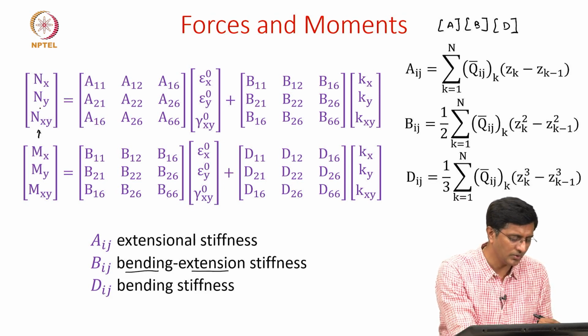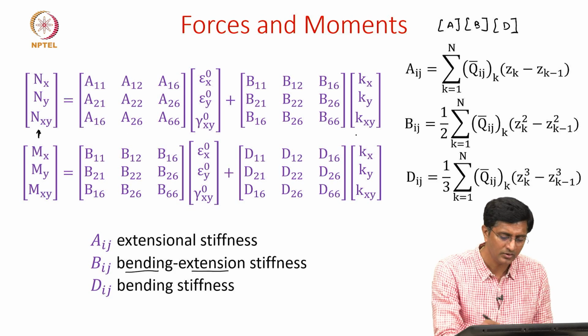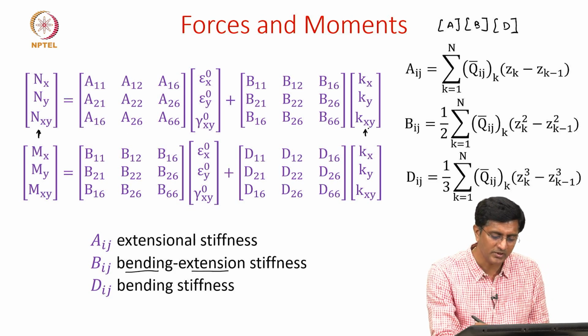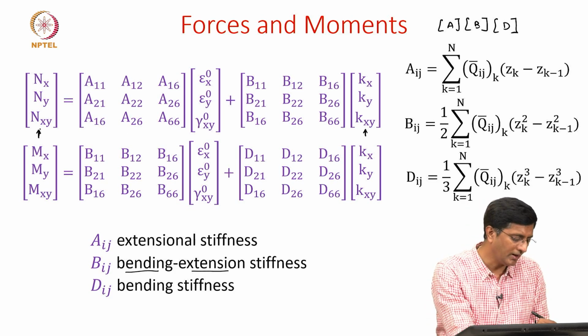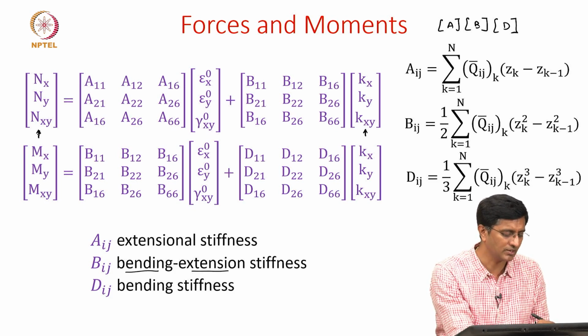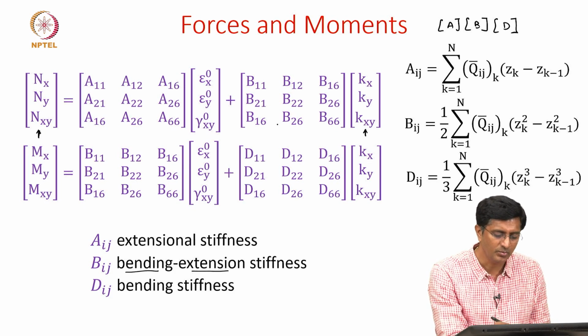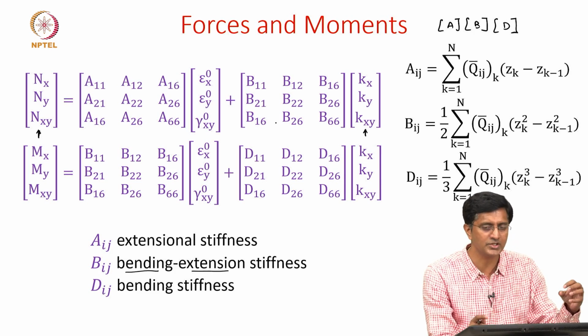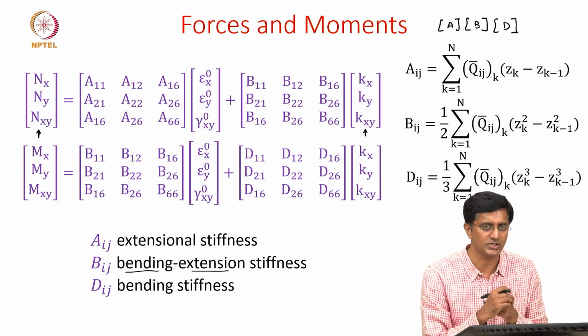Looking at the first equation, what does the B matrix do? It connects the forces N to the curvatures. So the curvatures take care of the bending, and the extensions are taken care of by these forces Nx, Ny, Nxy. So this B matrix is connecting the forces with the curvatures in the first equation.